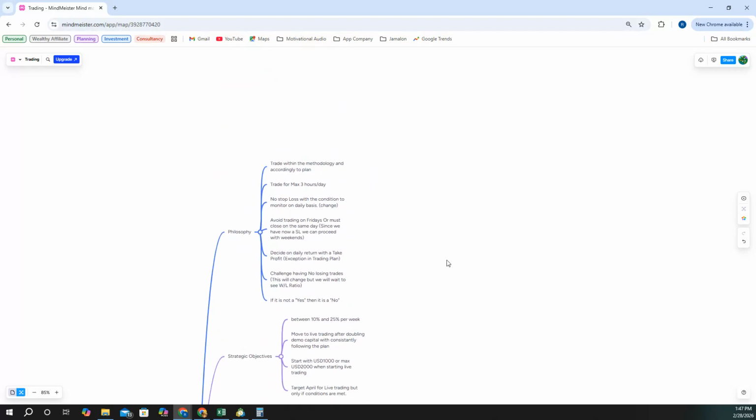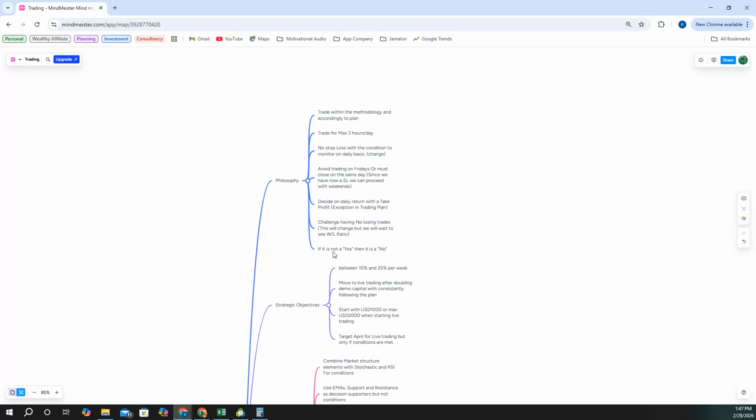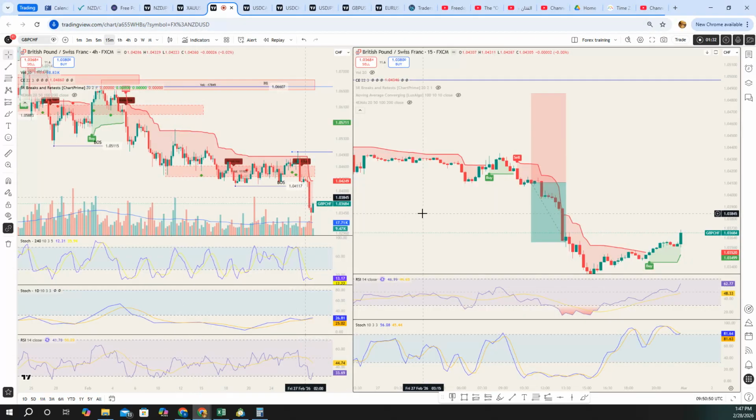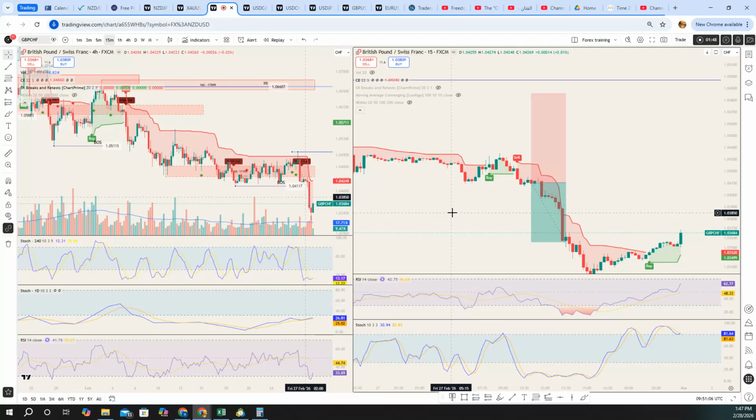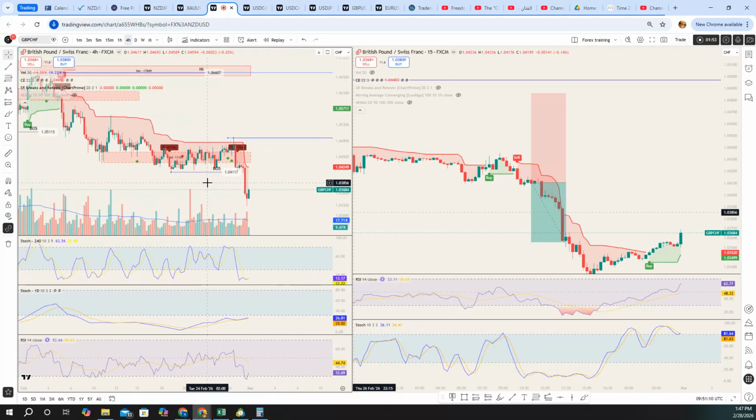So we talked about the philosophy, we talked about the strategic objectives, and I was saying that the recording opened on this screen because this is the last trade that took place yesterday, and it was a huge part in creating changes in the way we have developed the trading philosophy and the strategic objectives.